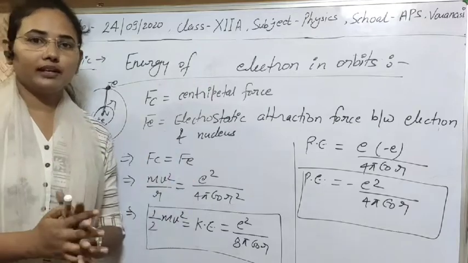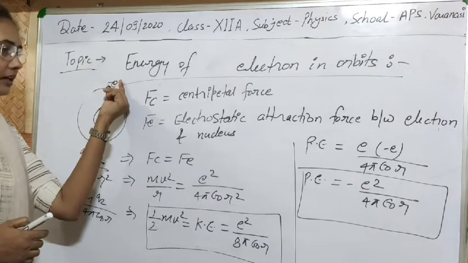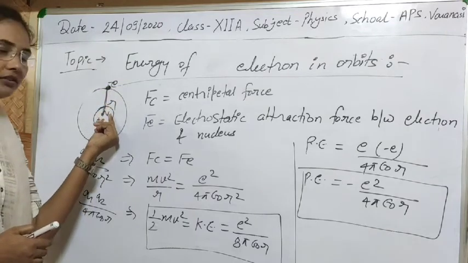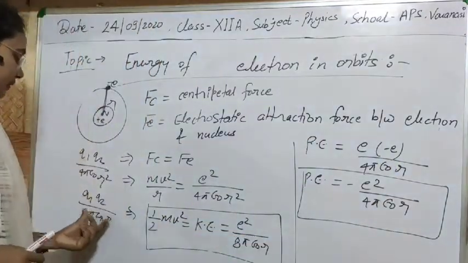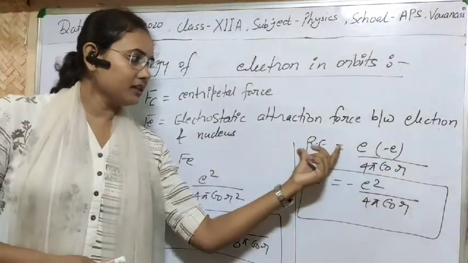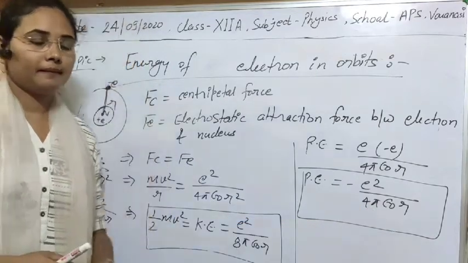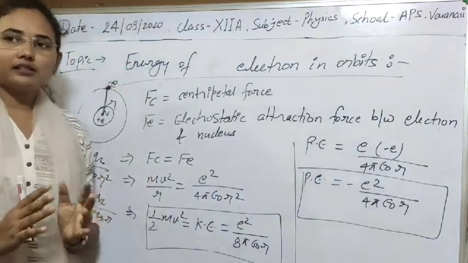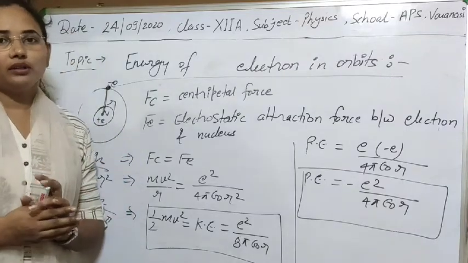Here the charge on the electron is minus e and the charge of the nucleus is plus e. After writing this, we can easily obtain the potential energy. Clear? Negative potential energy means it binds the electrons to the nucleus.